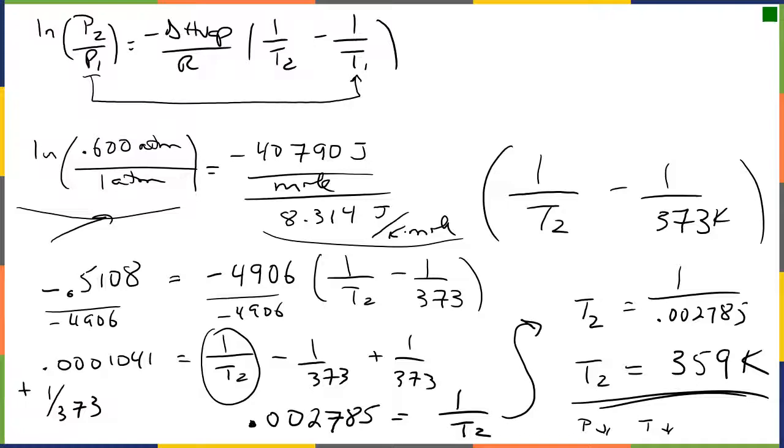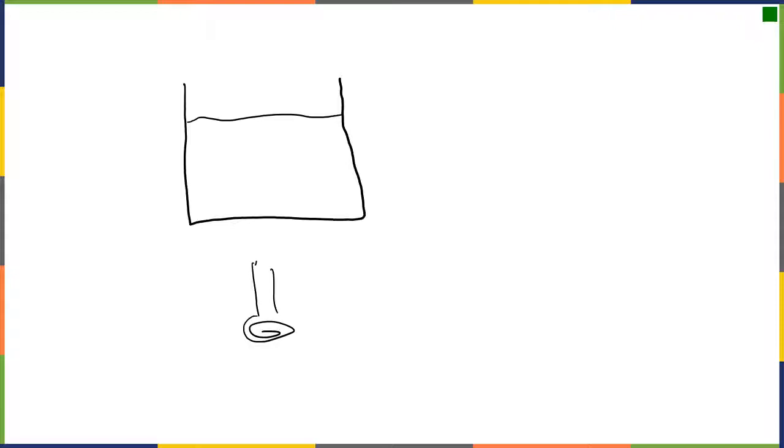In order for a liquid to boil, let's make sure that we understand what boiling is. If we have a liquid and we're heating it up, so this is my little Bunsen burner down here, we're turning the liquid at the bottom into a gas.